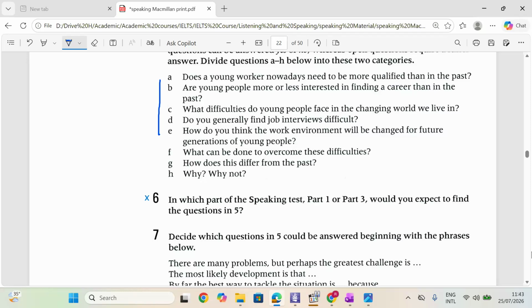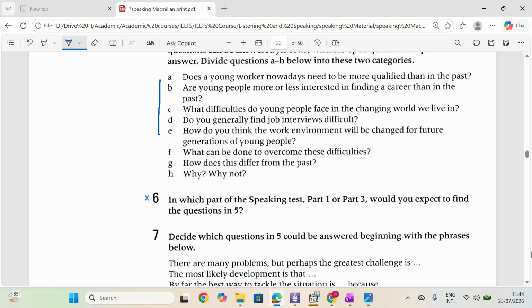Okay, I will answer question C. What do young people face in the changing world we live in? Yes, well, there are many problems, but perhaps the greatest challenge is navigating today's hyper-competitive job market, to begin with. Fresh graduates struggle to secure stable jobs because employers demand advanced digital skills and experience.